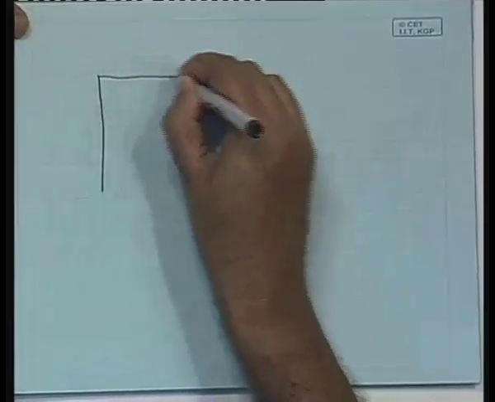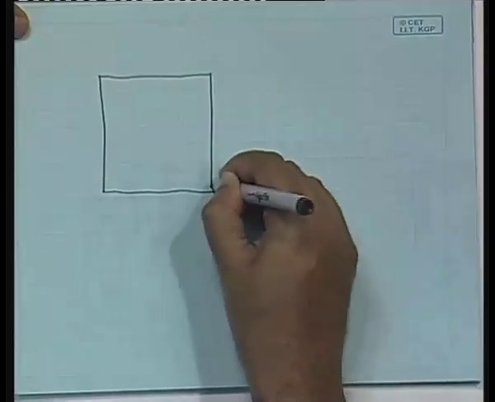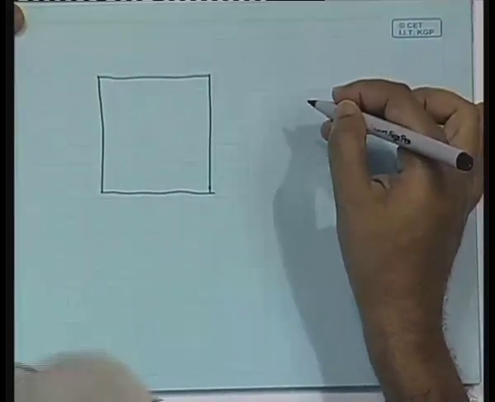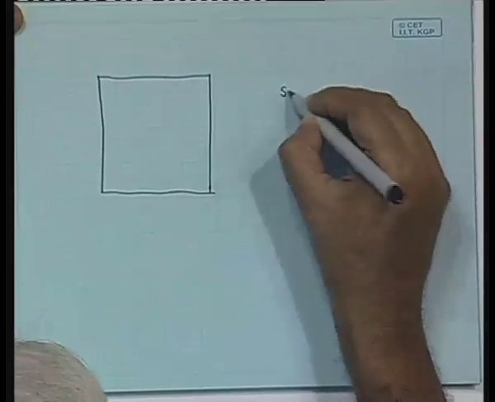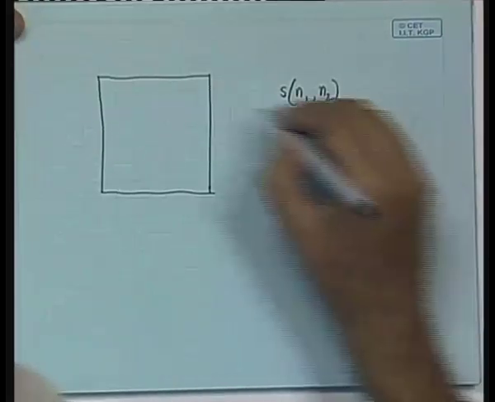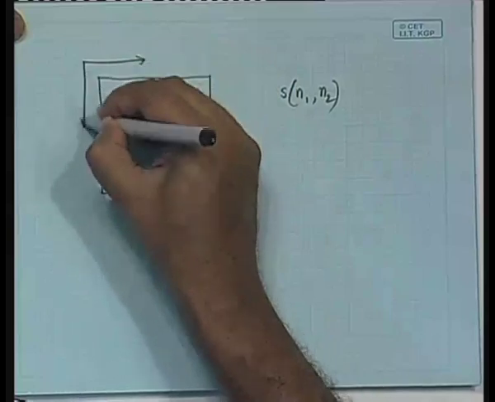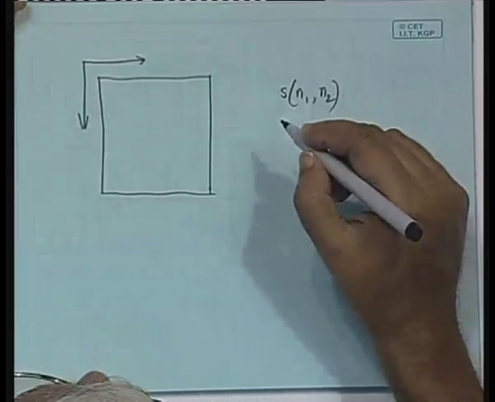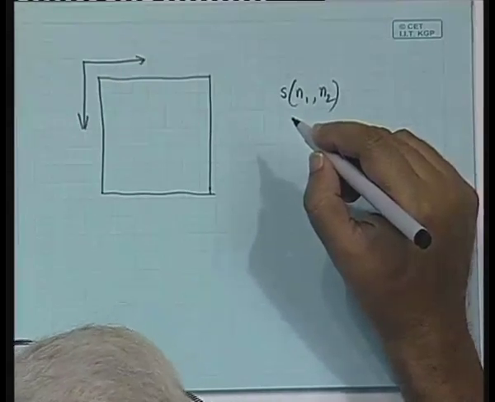For images, if it is just a still image, how are we going to represent the waveform? That waveform is essentially a two-dimensional waveform, because an image is a 2D array of pixels, and the signal is represented as S n1 comma n2, where n1 and n2 represent the pixel indices.